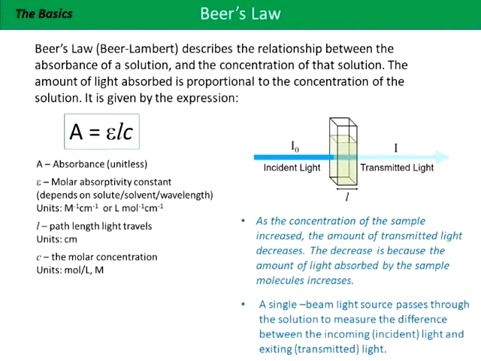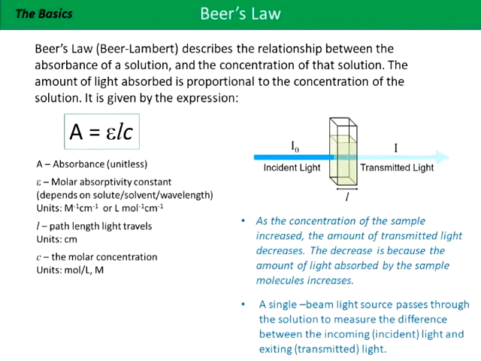So how does it work? A single beam passes through a solution containing a sample. When that light passes through, the sample absorbs some of the light and transmits the remainder. Therefore, the difference between the incident light, which is the incoming light, and the transmitted light is proportional to the concentration of substance in the solution.